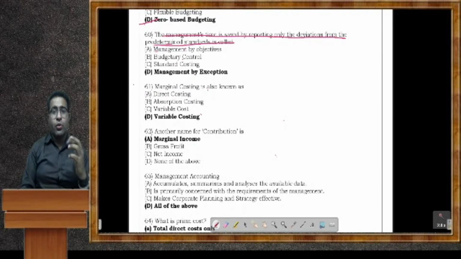Budgetary control is to control unnecessary expenditure. Standard costing is for checking the variances. Management by exception means what we can do in an exceptional situation. So saving management time by reporting from the deviation is a part of management by exception. Moving to the next.